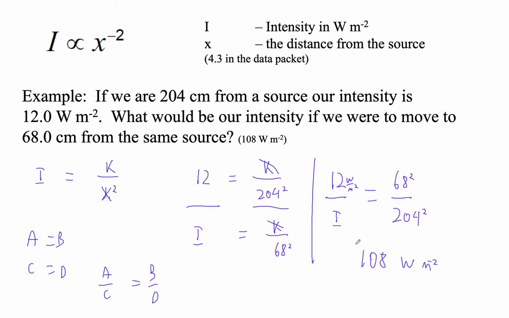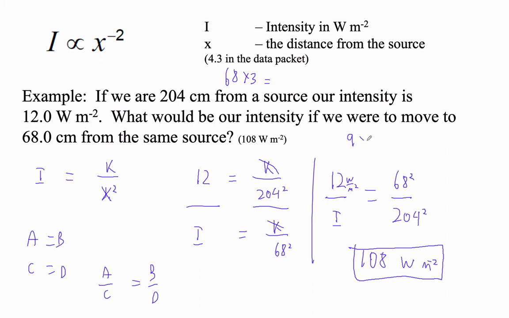Now, let me just show you one thing. IB tends to, when they give you problems like this, give you even multiples. So did you notice that if you multiply 68 by 3, you get 204? That's exactly 1/3 of this thing. So if we get 3 times closer, does it make sense that we're going to have 9 times the intensity?